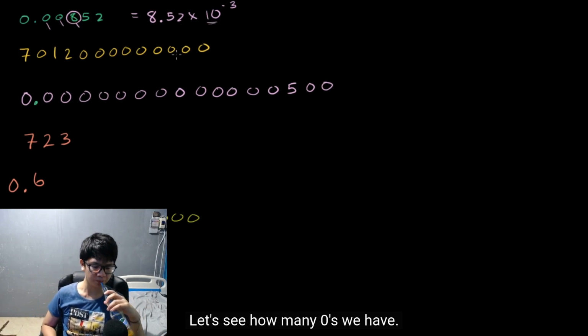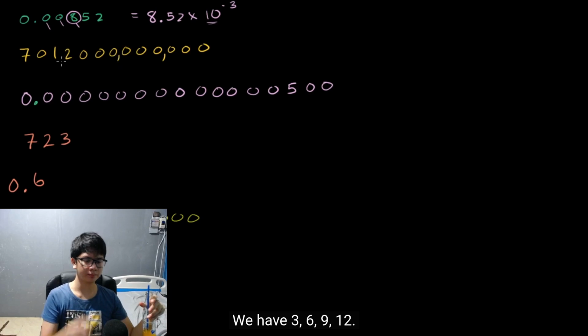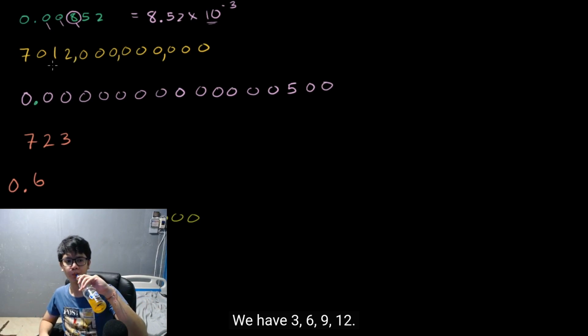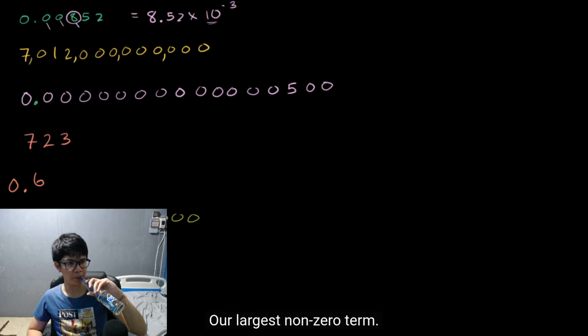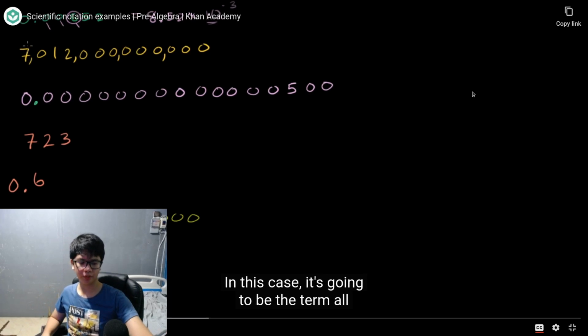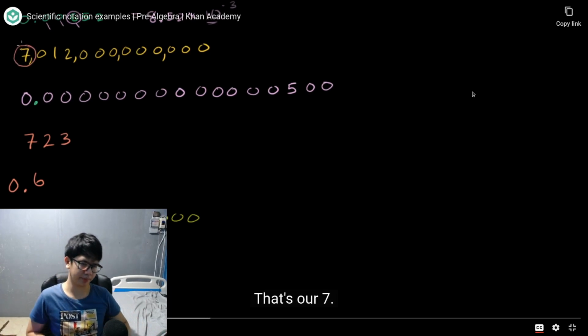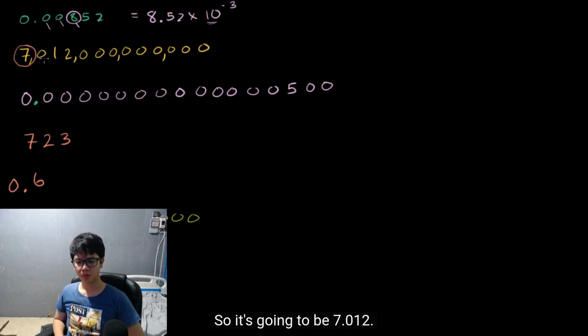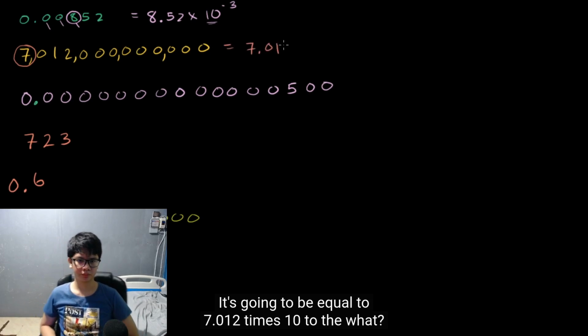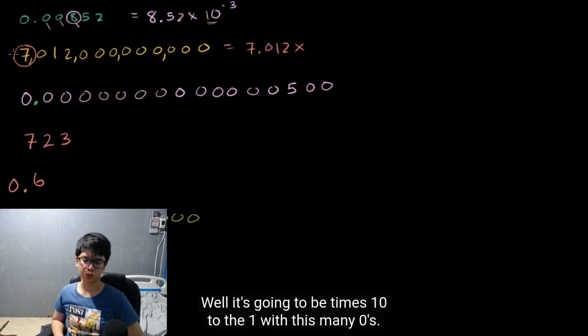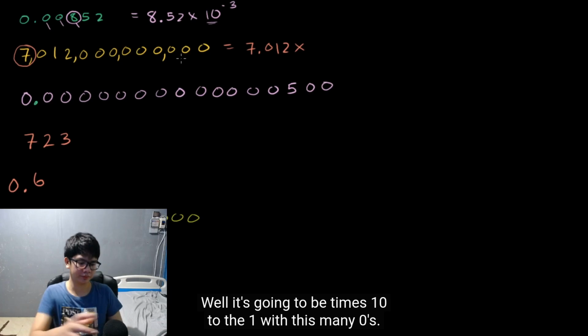Let's do this one. Let's see how many zeros we have. We have 3, 6, 9, 12. So again, we start with our largest non-zero term. That's our 7. So it's going to be 7.012 times 10 to the what? It's going to be times 10 to the 1 with this many zeros.